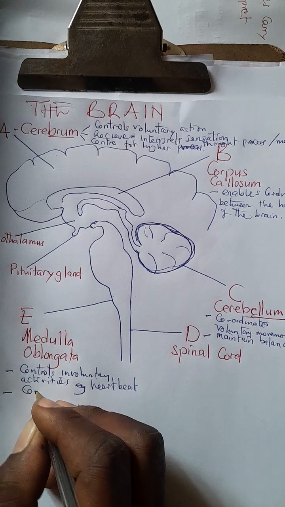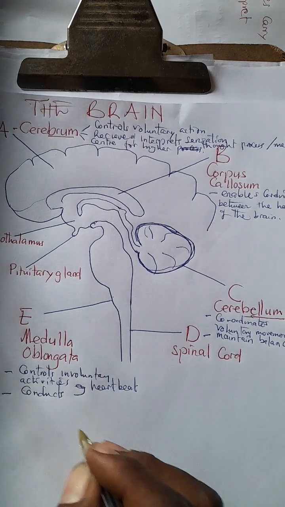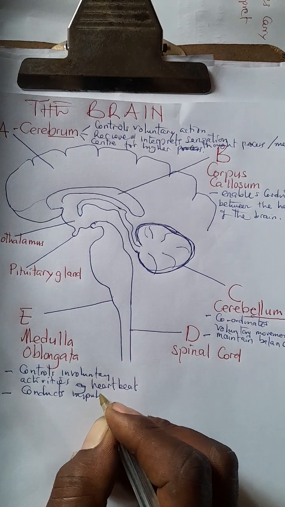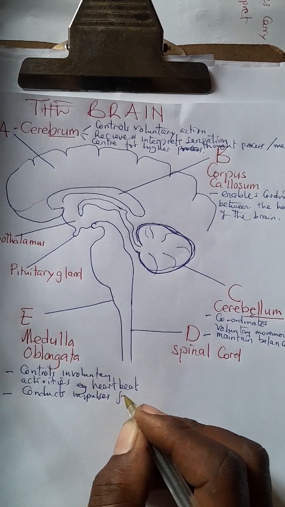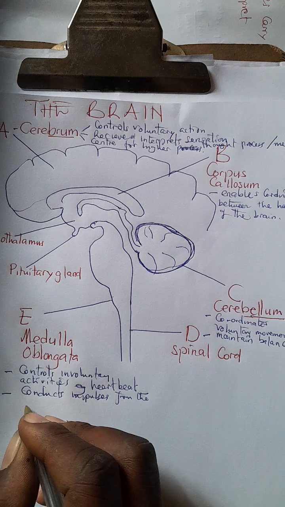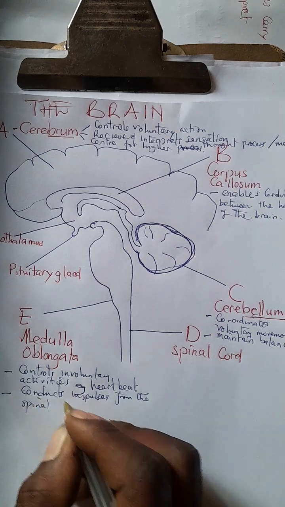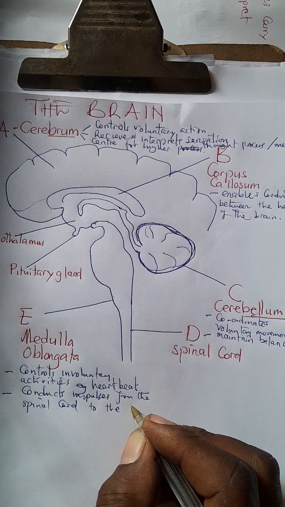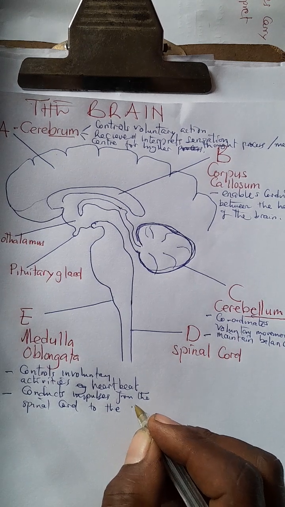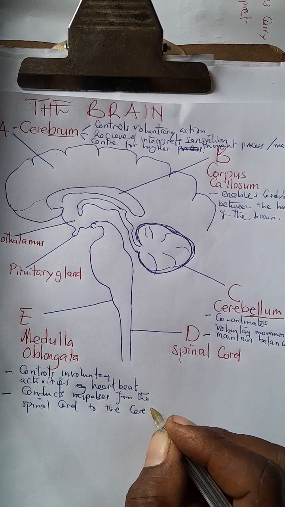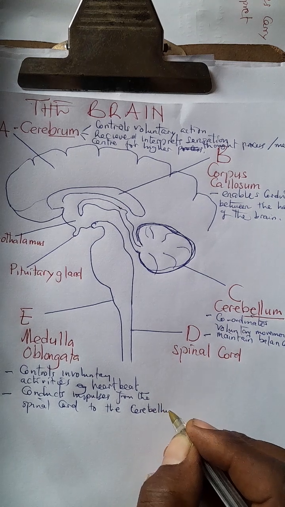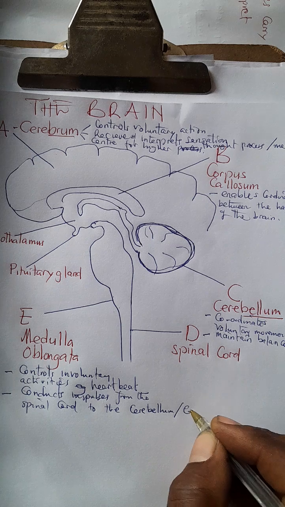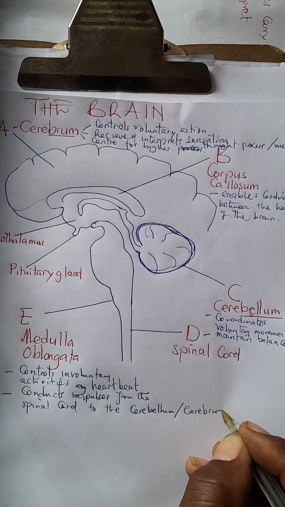It allows impulses to pass, conducting impulses from the spinal cord to the upper part of the brain, which includes the cerebrum. So this is very important.